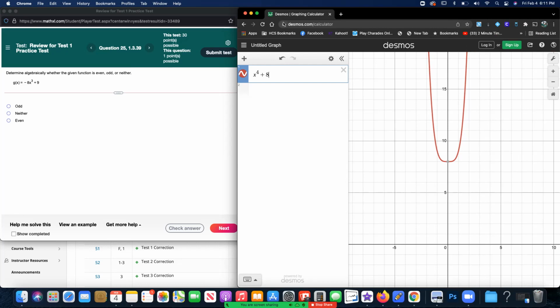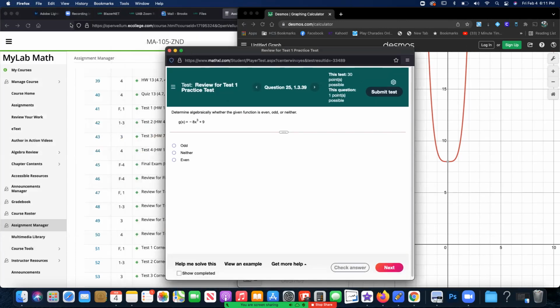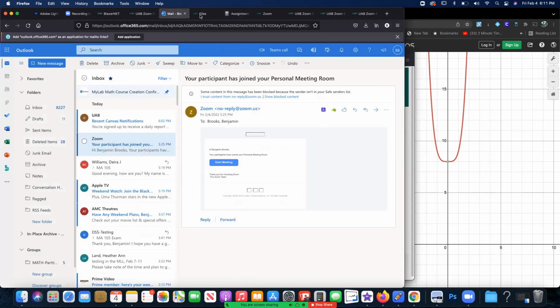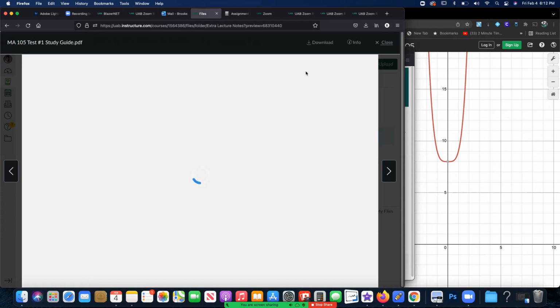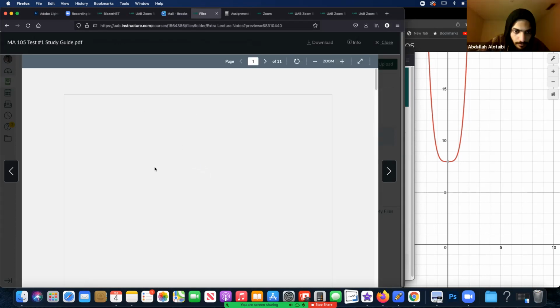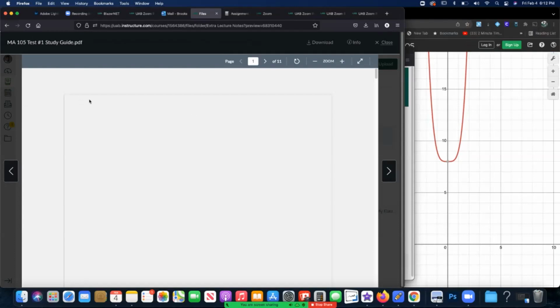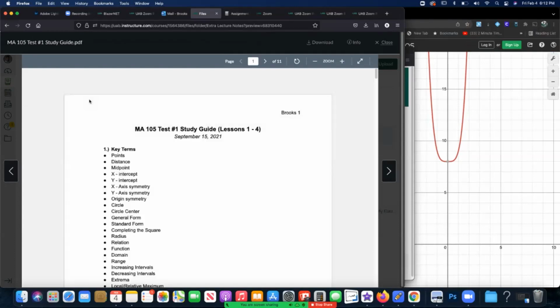So what I would do is work through some of the extra resources that I talk about. Let me go back here. For example, the study guide is under files in Canvas, under extra practice, or it says extra lessons.